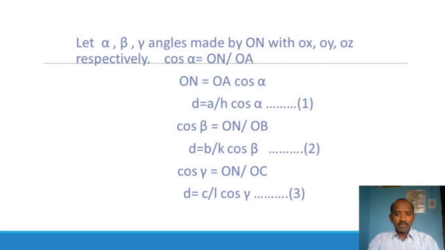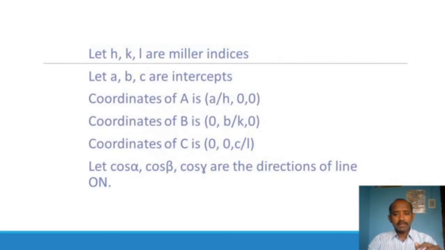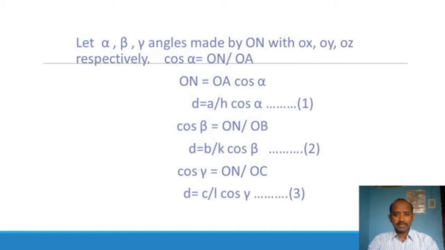What is cos alpha? Let us find cos alpha in the diagram. Here cos alpha can be written as ON by OA. ON is nothing but small d. OA is the coordinate on the x-axis, so the coordinate of A is, as already mentioned, a by h.